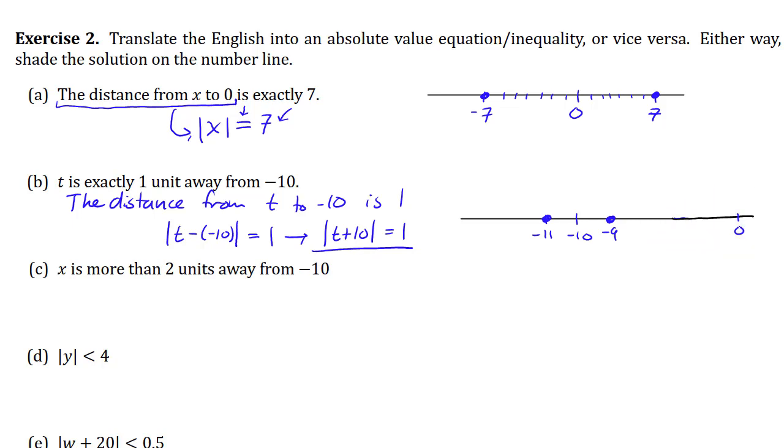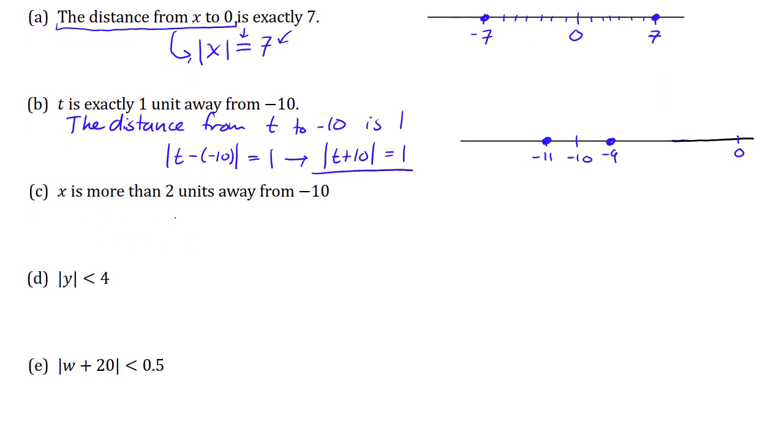Okay, so here x is more than 2 units away from negative 10. Let's see what that looks like. Or let's translate it first. So if x is more than 2 units away from negative 10, to rephrase this in terms of distance, the distance from x to negative 10 is more than 2.